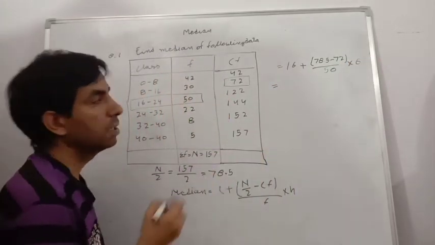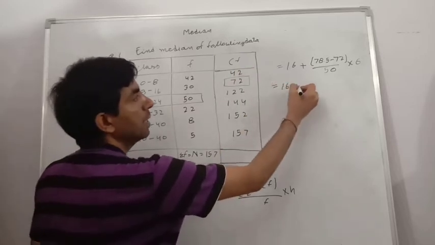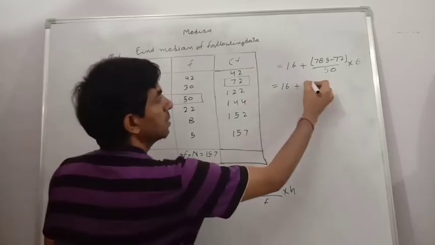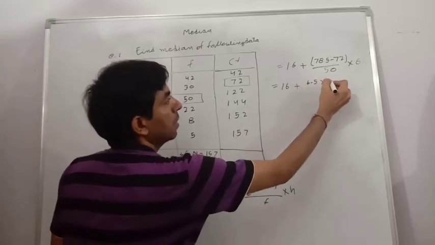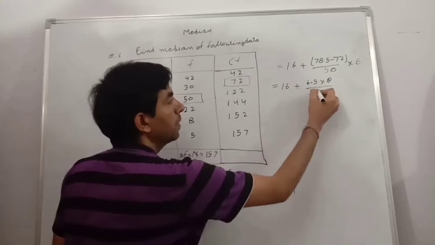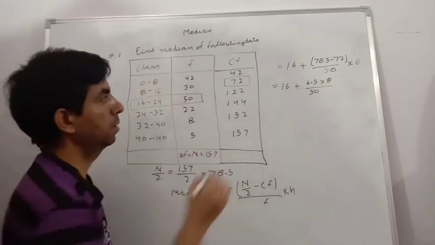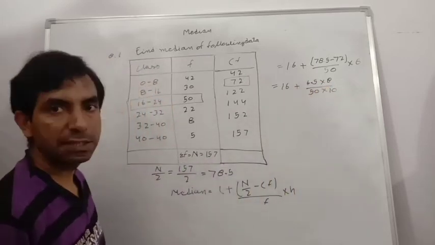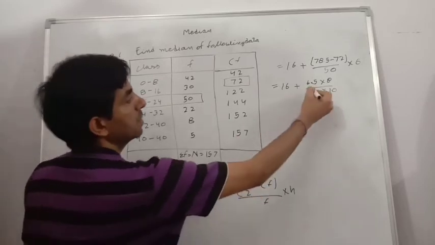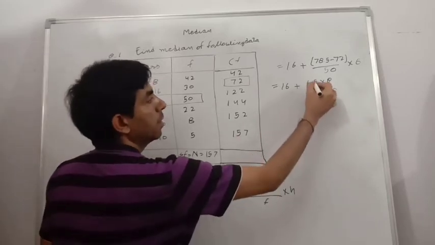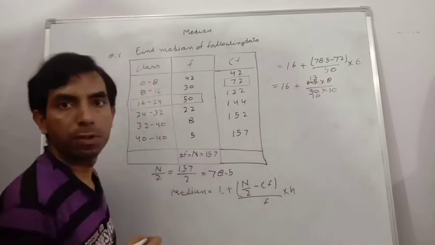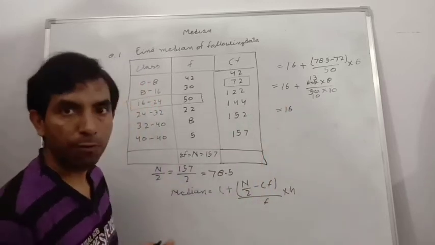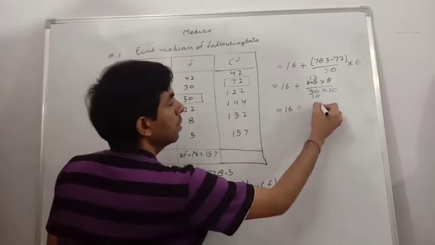Now we calculate it. 16 as it is plus 78.5 minus 72 is 6.5. Then we write 6.5 multiply 8 upon 50. First we remove the decimal, so we get 65 times 8 upon 500. Now cancel the common numbers. First divide by 5, and we get 104 upon 100.